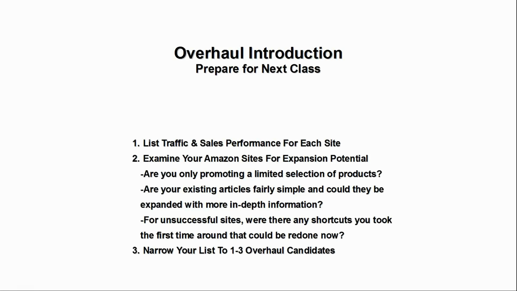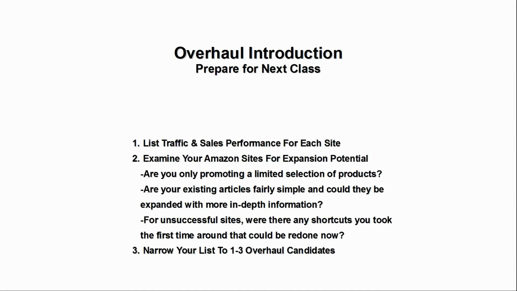Once you have your traffic and sales listed out for each of these sites, then I want you to go through this list and visit each of these websites in a browser yourself. Browse through the website, take a look at a couple of the different pages, the different products that you're promoting, the articles that you have written on that site, and especially the amount of information that is in them.